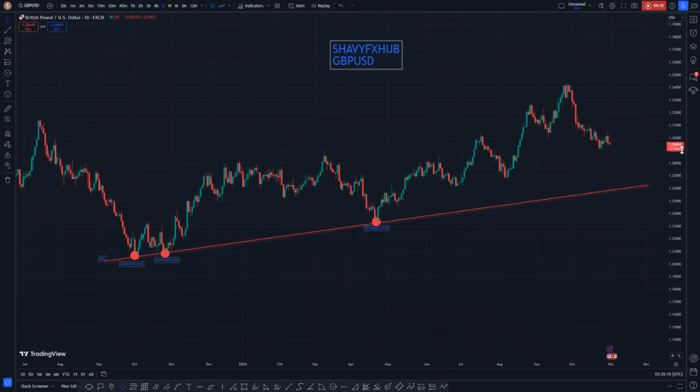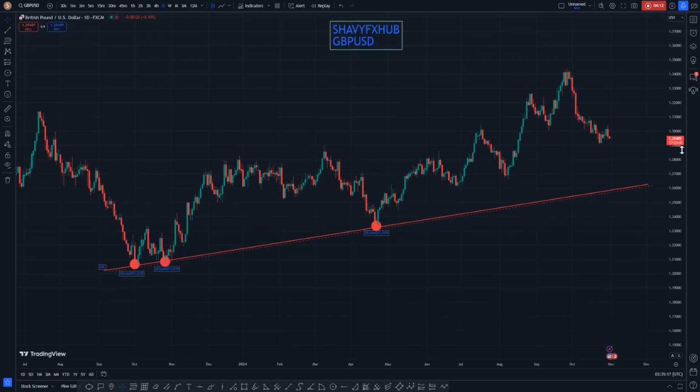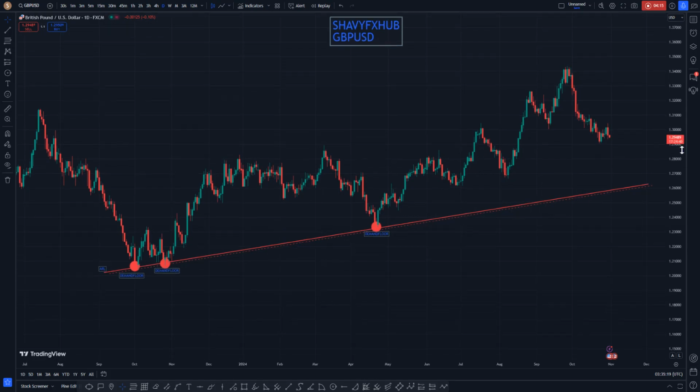We would like to look at if we have other structures that further put GU on the map. Let's see if we have other structures on daily.